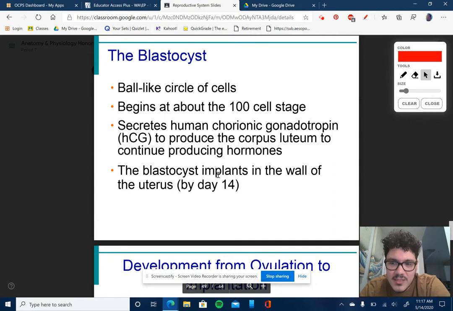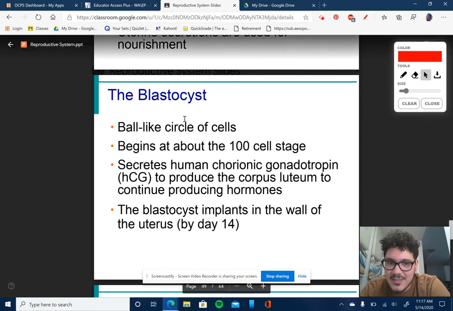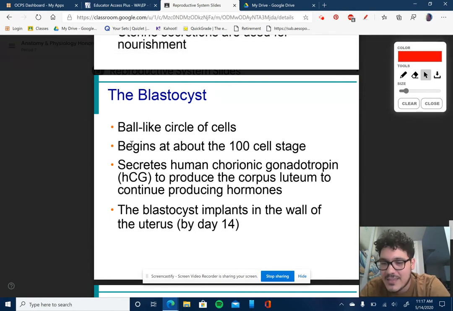Finally, this is when things start to become a little bit more interesting. We form what's called the blastocyst. The blastocyst is technically under that embryonic stage, but it's just another name for the new life forming. It is a ball-like circle of cells. Notice the big difference here: it begins at about 100 cells, so you've done a lot more replication.